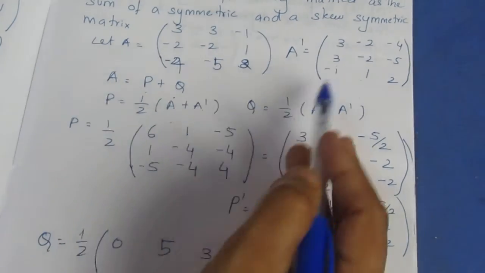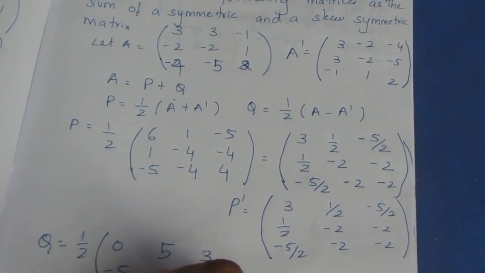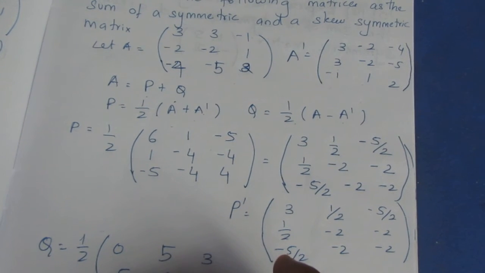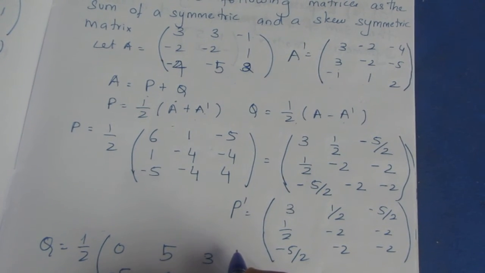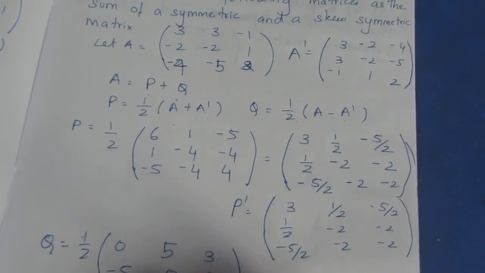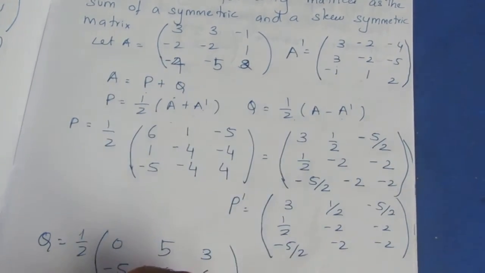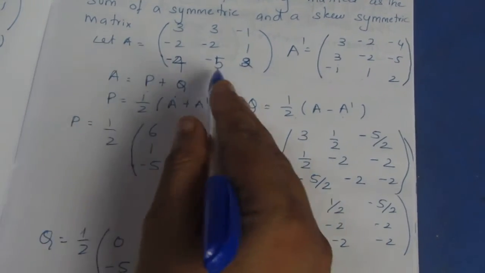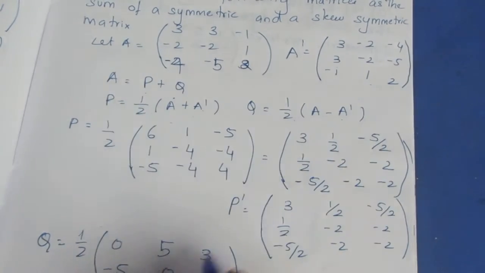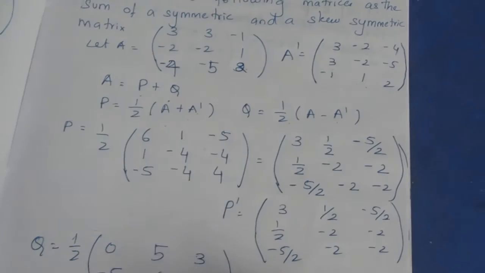Here minus 2 minus 3 becomes minus 5. Here it becomes 0. 1 plus 5 becomes 6. Now minus 4 plus 1 becomes minus 3. Minus 5 minus 1 become minus 6. 2 minus 2 becomes 0.